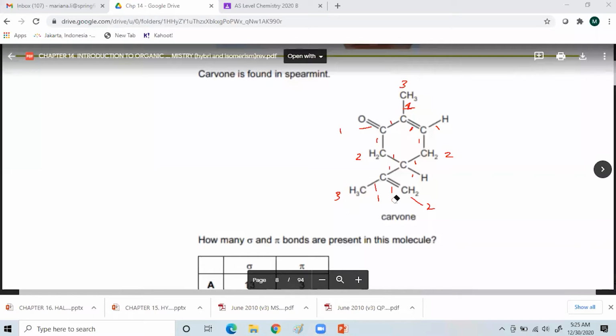Oh, this should be 1. This is just the arrow here to show that this is 1. 22, 25. Yeah, so there are 25 sigma.